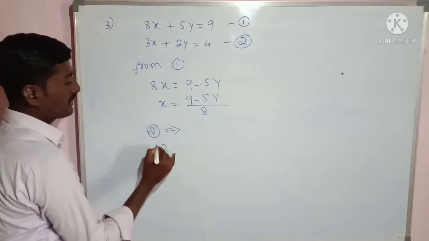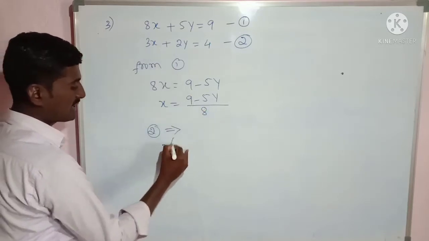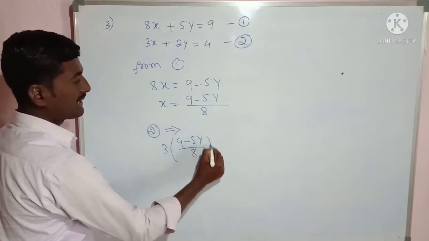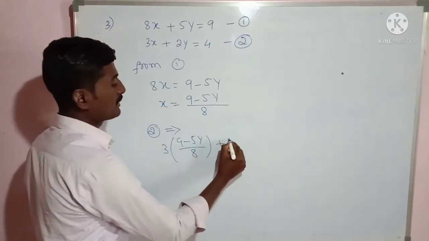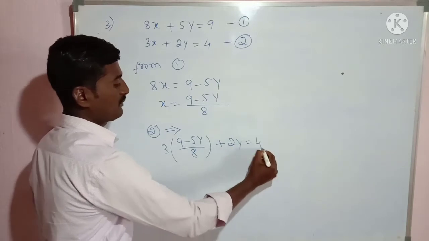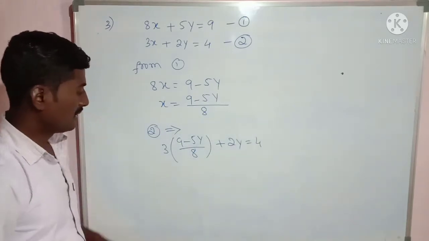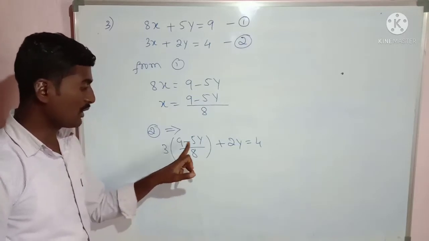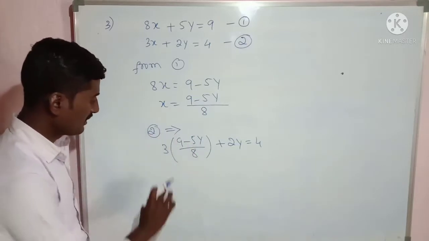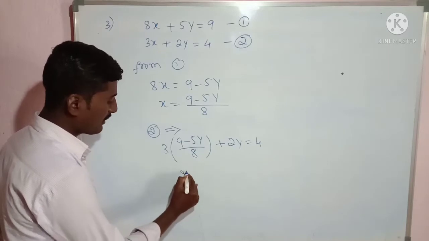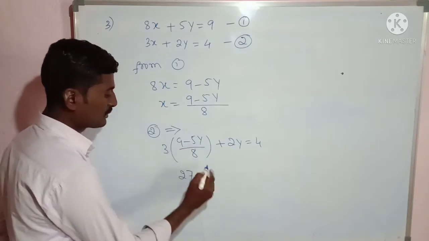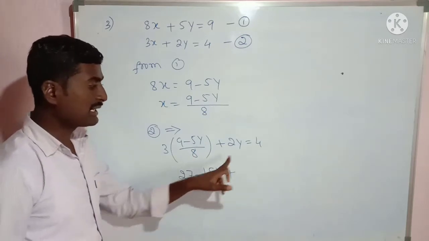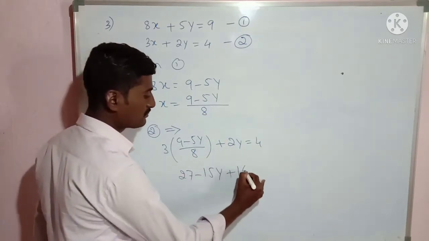3 into x, which is nothing but this value, that is (9 minus 5y) divided by 8, plus 2y is equal to what? 4. Now we shall take LCM here. LCM is 8, and similarly we have to multiply the other terms by 8. 3 nines are 27 minus 3 fives are 15y plus now 8 twos are 16y.